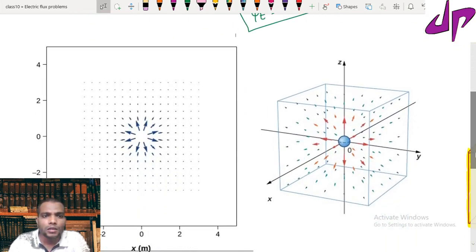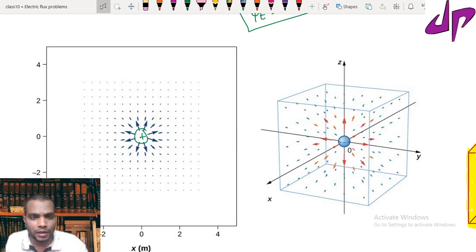If you see this diagram, this is the electric field due to a positive charge in one dimension, seen from the top viewpoint. In the next diagram, if you take this charge at the origin in three dimensions, we can notice that electric field lines are coming out from this three-dimensional surface.